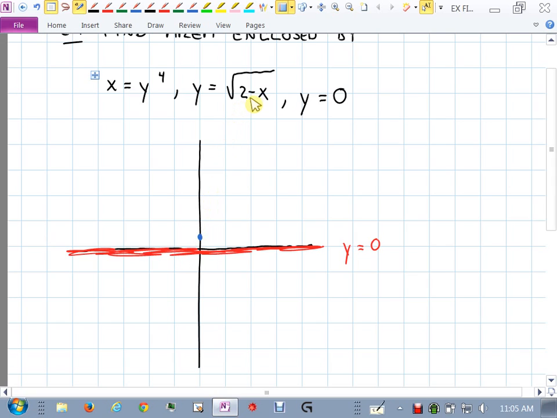If I plug in 1, what do I get? I get 1. If I plug in 2, what do I get? 0. Oops, my first point needs to be redone. 1.414 is up here, then 1, then 0. And can I plug in 3? No, because it goes out of the domain of this, right?